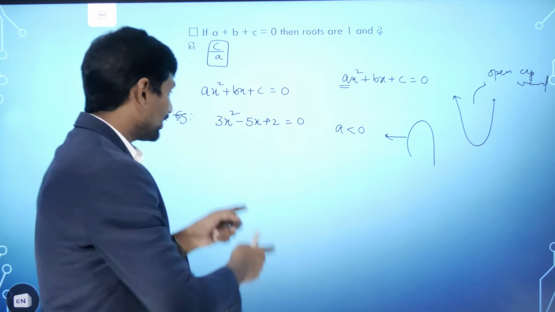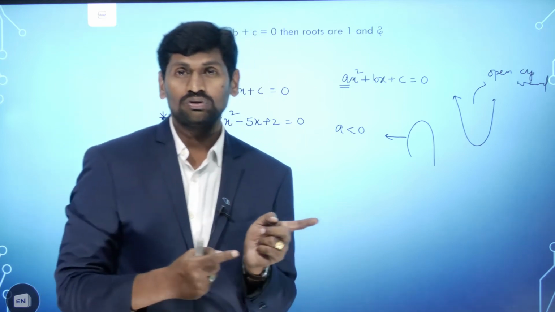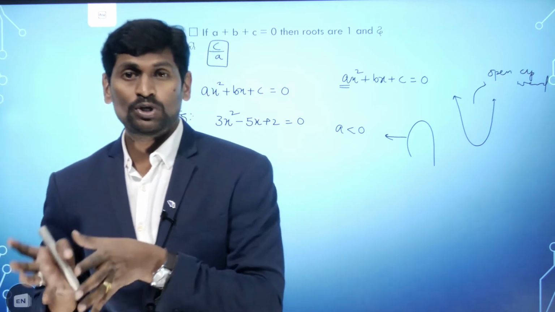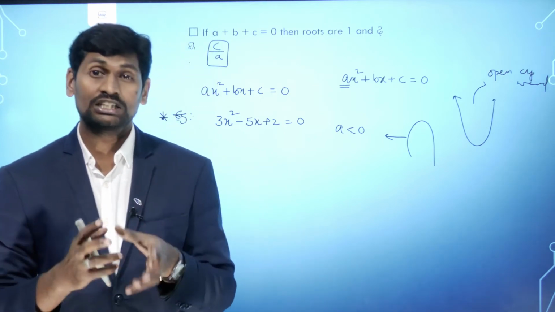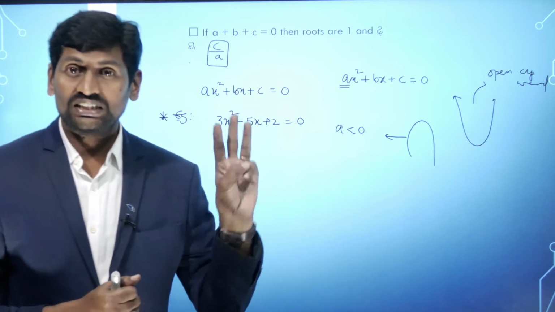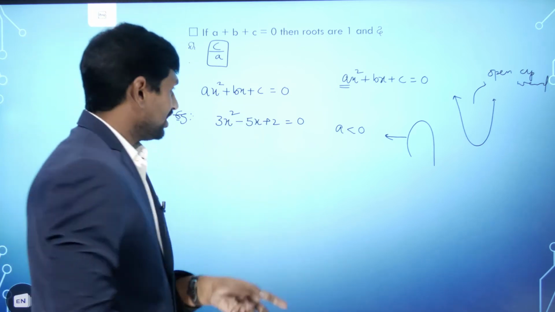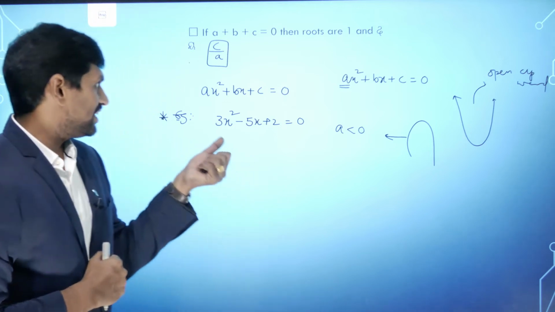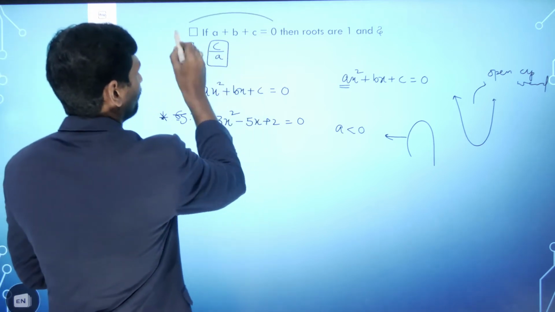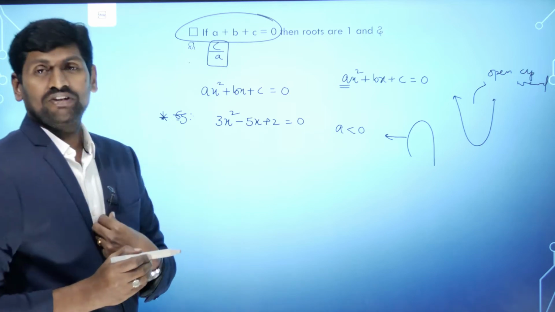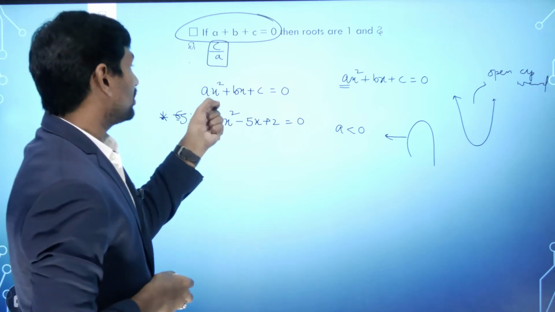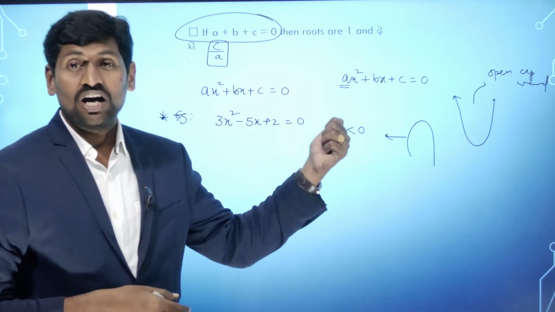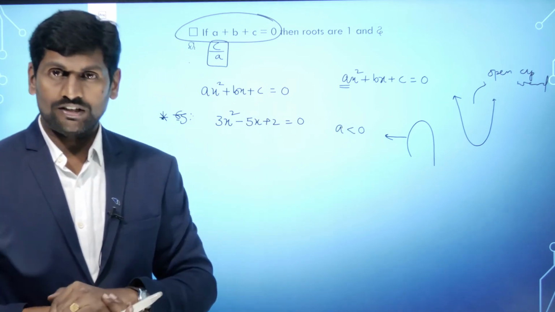That means the given quadratic equation we convert to a plus b whole square or a minus b whole square, any one of the algebraic identity formulas. There are three ways to find the roots of a quadratic equation. But here, by using this property, we can find the roots without doing any of them, directly.